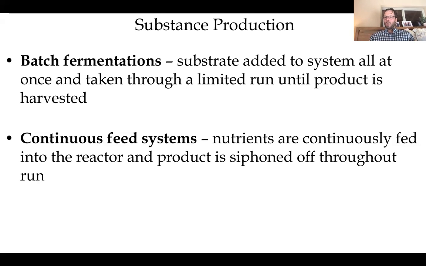So for instance, when I make my kombucha, I use a continuous feed system. So I have a big jar, and at the bottom of the jar, I have a little spout, okay? And then inside the jar, I have the SCOBY, that biofilm stuff. And I will take some tea and put a bunch of sugar in that tea, so make good old Southern sweet tea, pour that into the jar.